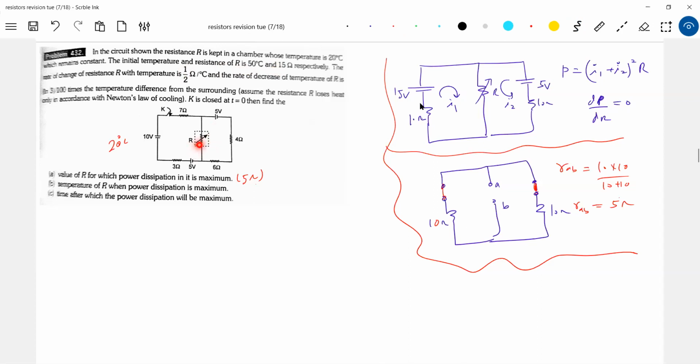As I keep on decreasing the resistance, at one particular value the power dissipated across it will be maximum. What is the value? It is equal to 5 ohm. The rate of change of resistance with temperature is 0.5 ohm per degree Celsius, and the rate of decrease of temperature of R is log 3 by 100.